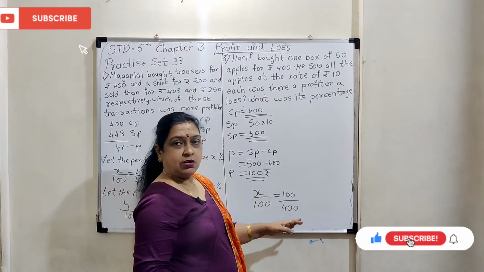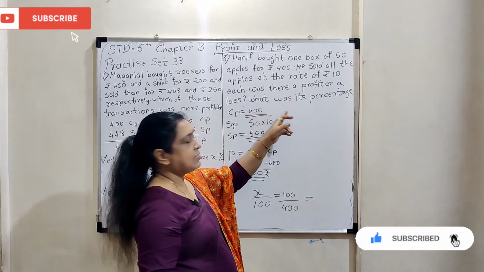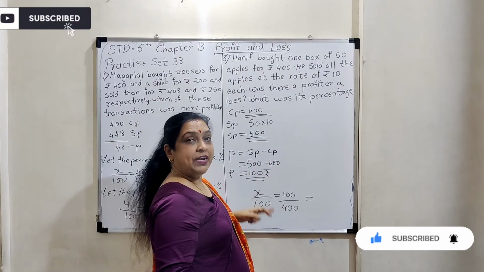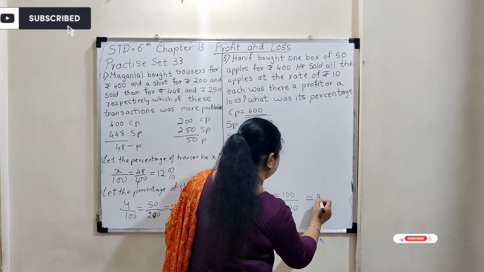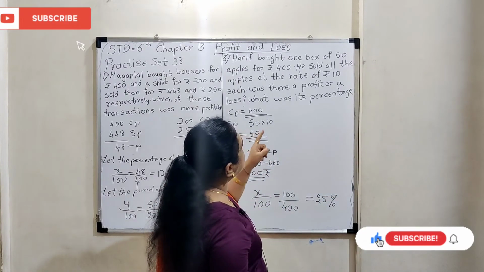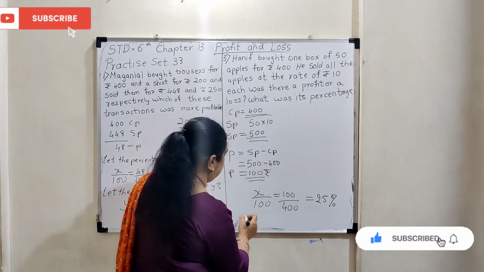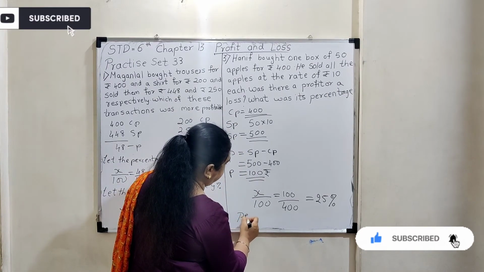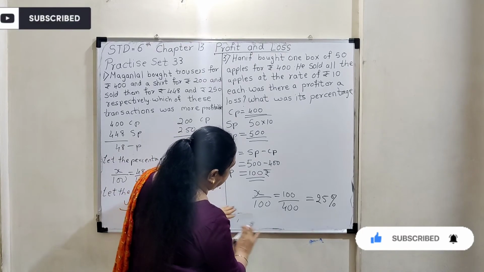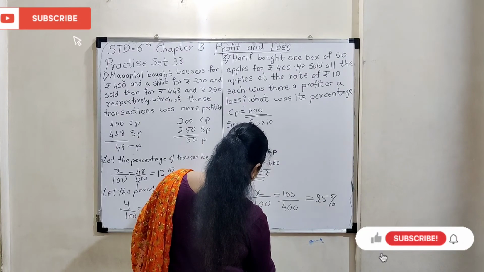When we cross multiply, we'll get the answer. What was its percentage? It's 25%.